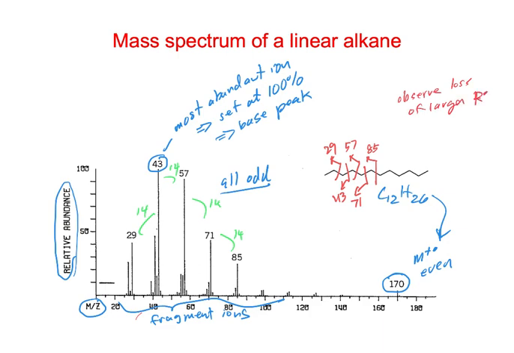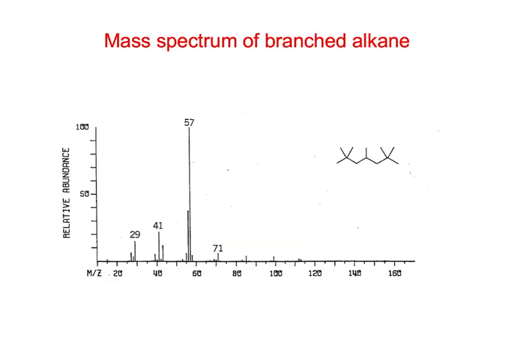So if the cations are all roughly the same energy, we'll see the loss of the larger radical. If one cleavage leads to a more stable cation, then we see more of that. And that's on this next one.